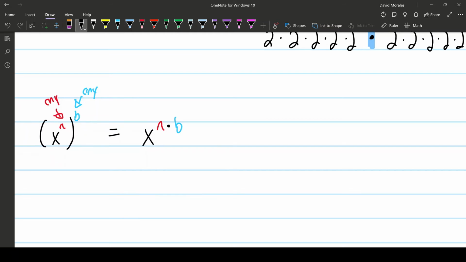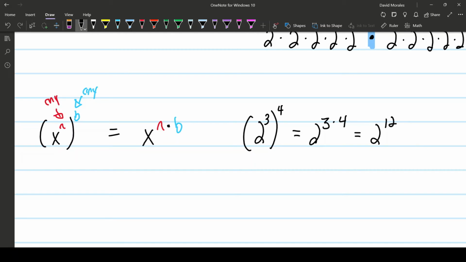So if I had 2 to the third, and then I raise this again to the fourth, then it would be 2 to the third times 4, and that would be 2 to the 12th.